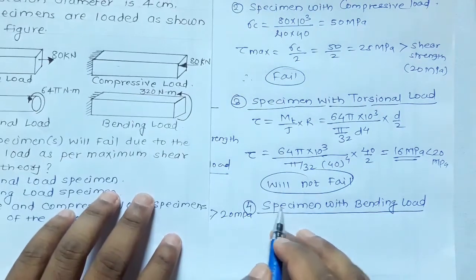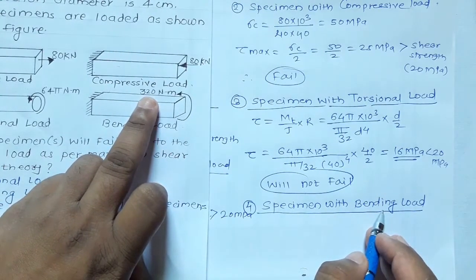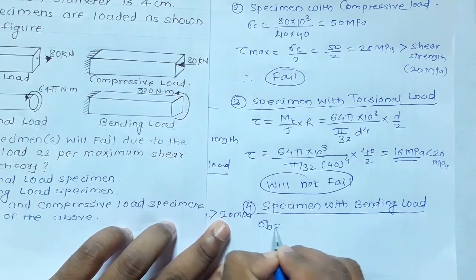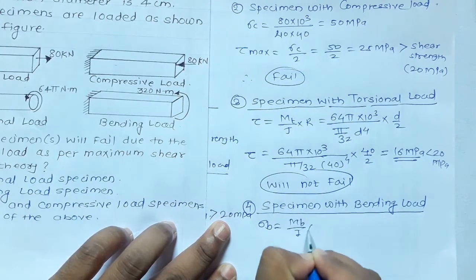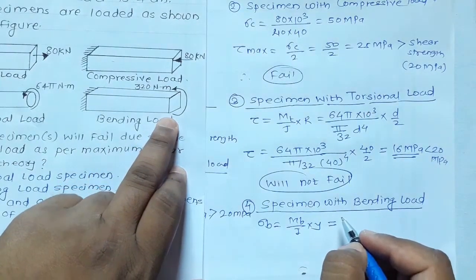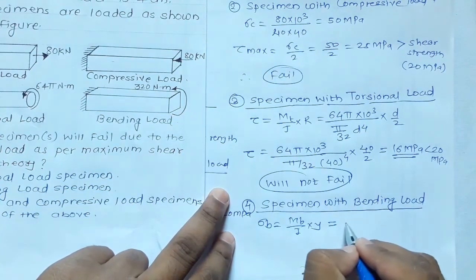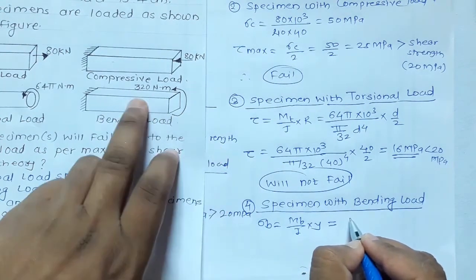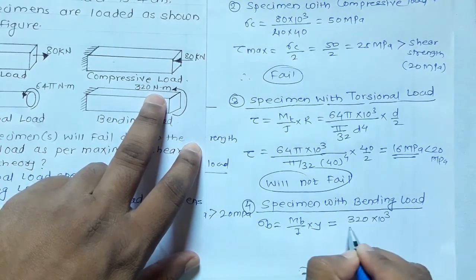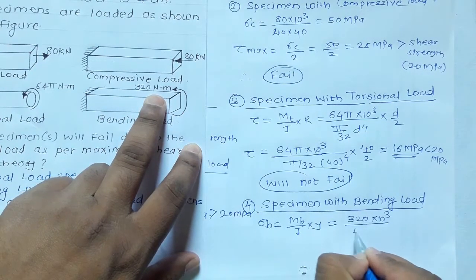Now the last specimen is specimen with bending load, and the bending moment magnitude Mb is equal to 320 Newton meter, and the formula for bending stress is sigma b is equal to Mb upon I into y. As this specimen has a square cross section, I, that is moment of inertia, will be bd cube upon 12, and y will be d upon 2. So Mb value is 320 Newton meters, convert it into Newton mm, so multiply by 10 raised to 3 upon I is bd cube upon 12.